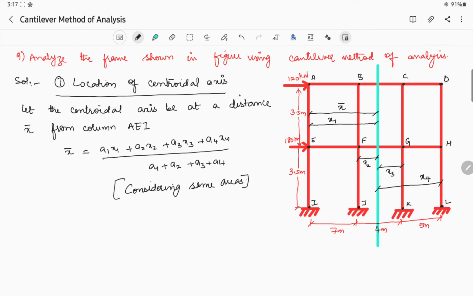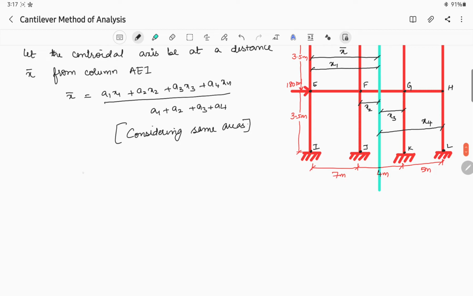Okay, if we take same area, then what happens to x bar? x bar will be equal to a x1 plus a x2 plus a x3 plus a x4, whole divided by a plus a plus a plus a.